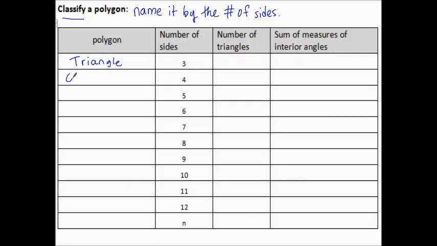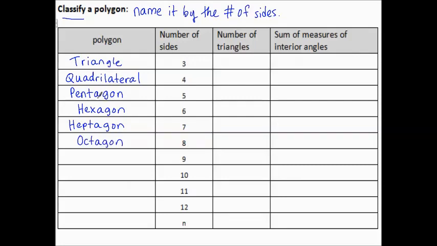4 sides is a quadrilateral. 4 for quad, lateral sides, quadrilateral. 5 sides, think of downtown, there's a building that's shaped like this, the pentagon. 6 sides is a hexagon. 7 sides is heptagon. 8 sides is octagon.